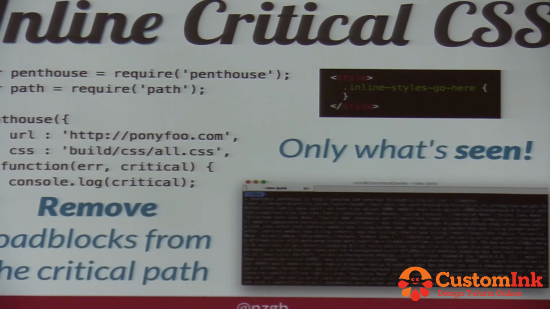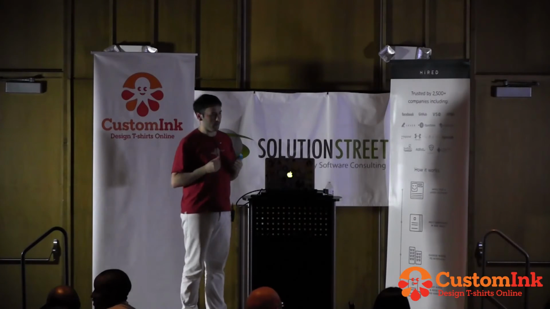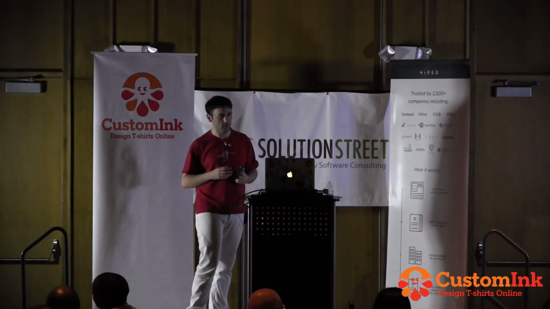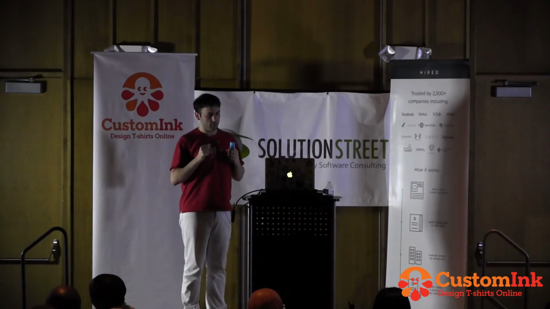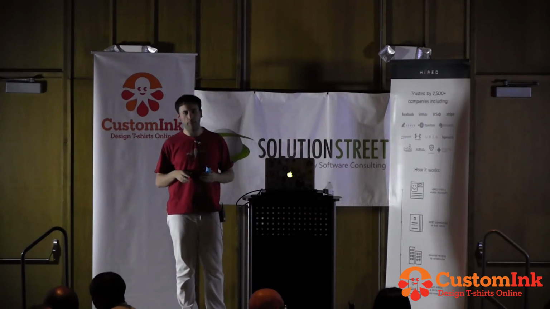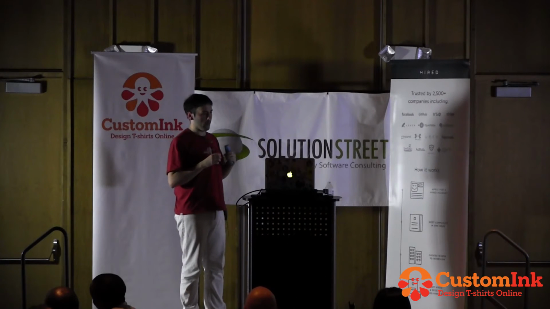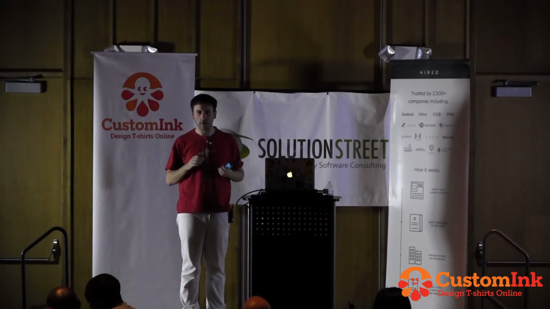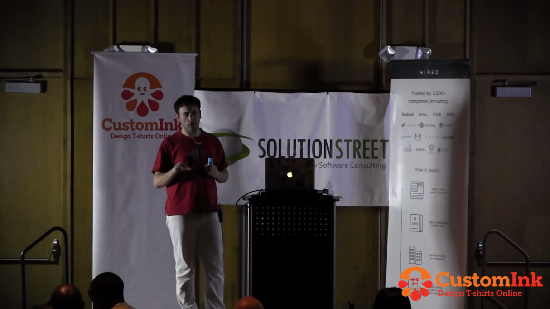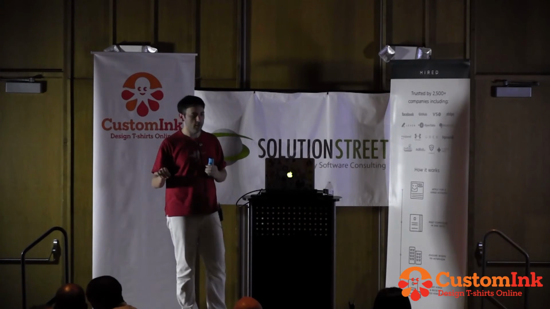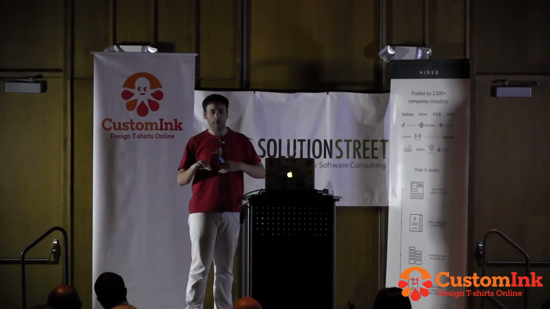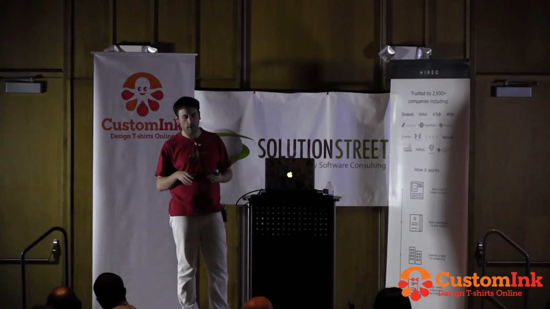Inline critical CSS. This one's a bit of a hassle to implement. But there's this module called Penthouse, which basically runs through Phantom.js, and you give it the URL to your site and the path to your CSS, and it runs Phantom.js, which is a headless browser.